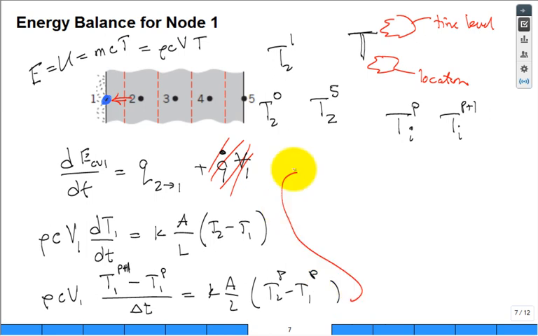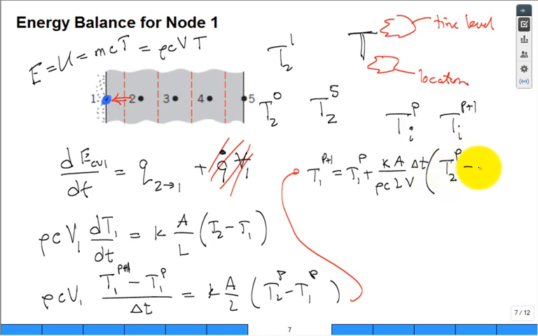So it goes something like this. It goes that the temperature 1 at the future time level is the temperature 1 at the current time level plus, you'll have this K A over L rho C V delta T all times temperature 2 at the current time level minus temperature 1 at the current time level.